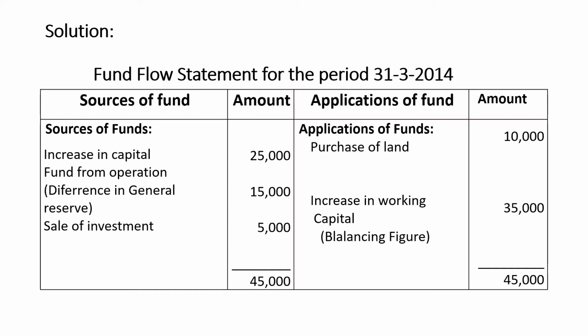Deduct 10,000 from 45,000, then we get 35,000 as the balancing figure. This balancing figure is treated as increase in working capital during the year.